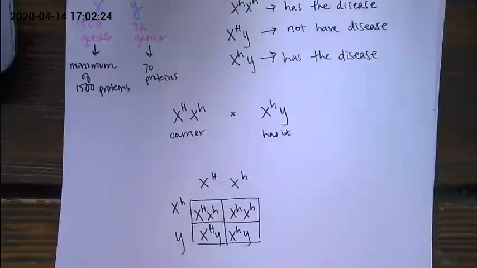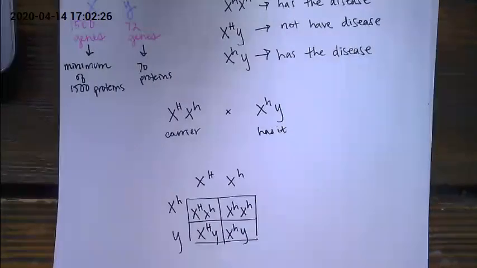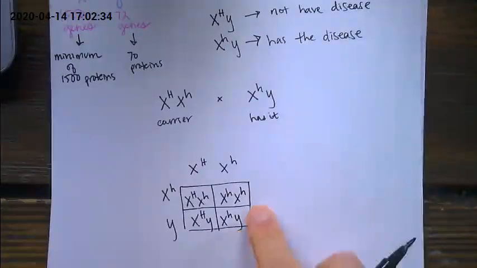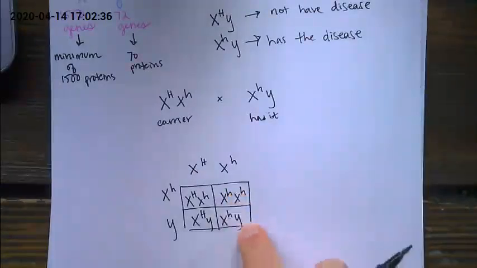All right. So let's see. What are the odds that they'd have an offspring with the disorder? They have a 50% chance of having an offspring with the disease.